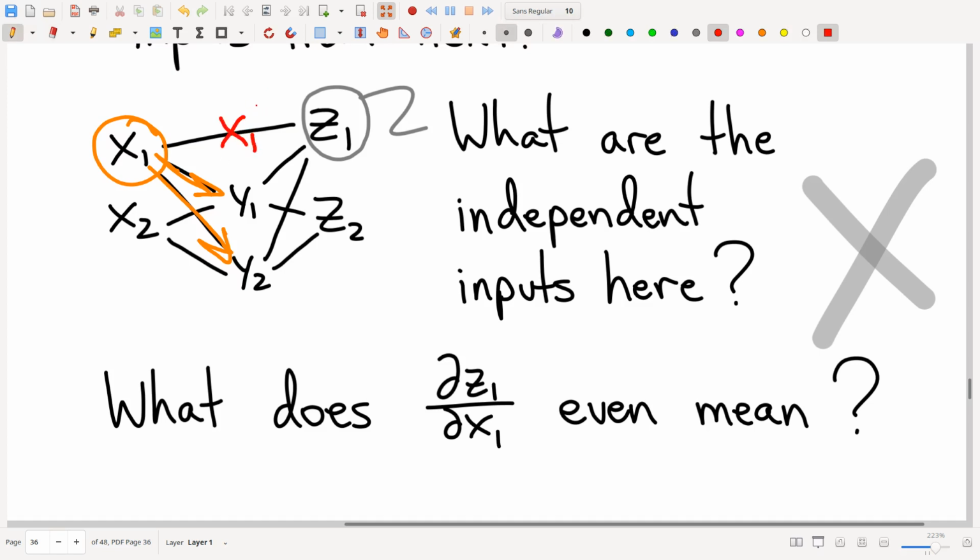x1 star. X1 star, the formula for it, it's just x1. Right? It's an easy formula. But I'm going to view x1 star now as being a different variable.